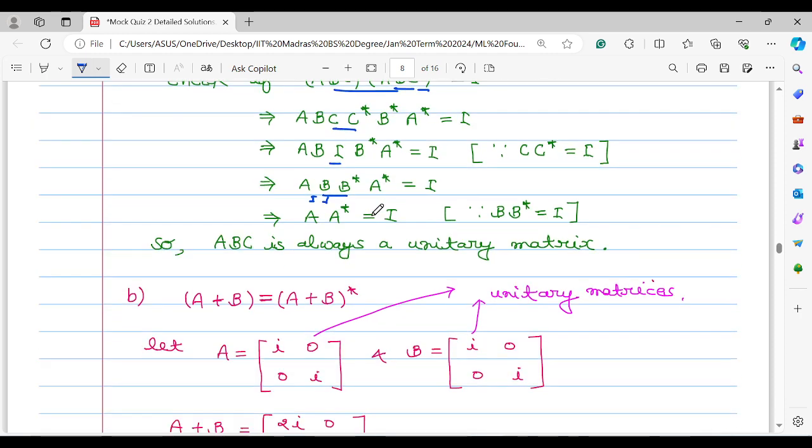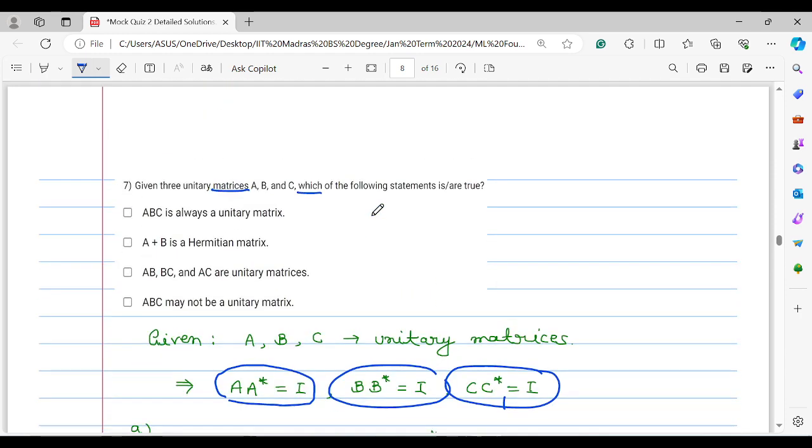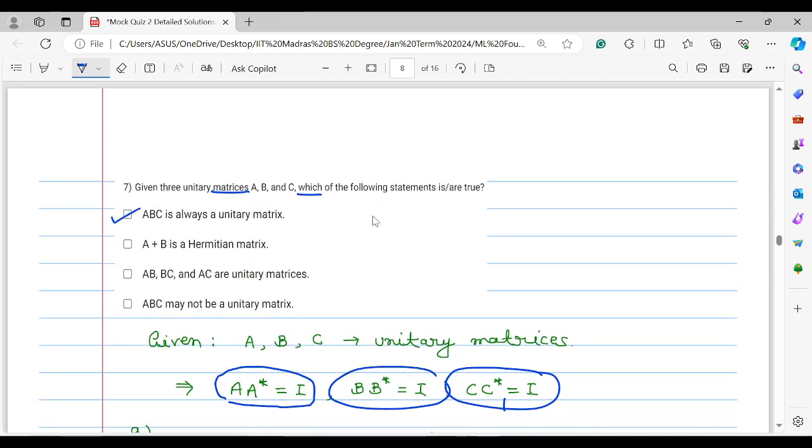So the first option is correct, and because the first option is correct, option D is not correct, because it says ABC may not be a unitary matrix, and we have checked that ABC is always a unitary matrix. So the first is correct and D is incorrect.